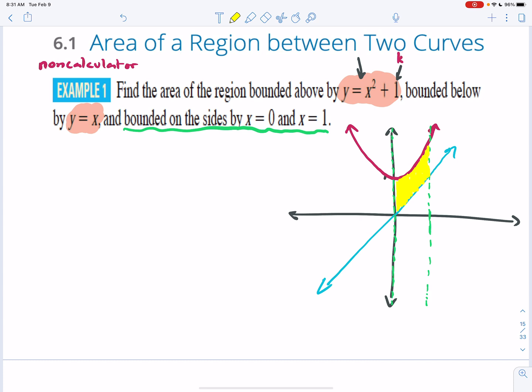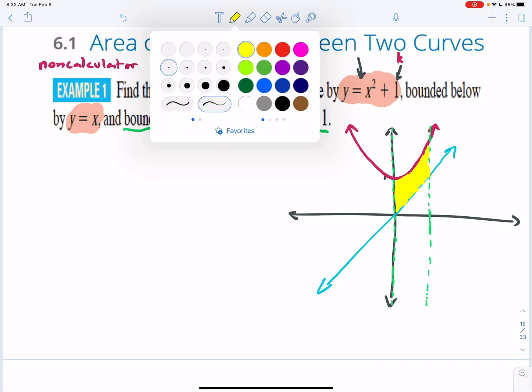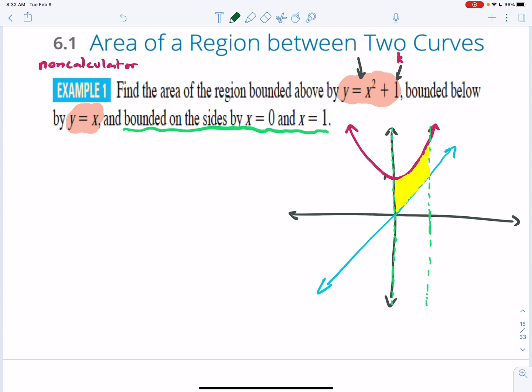So this shaded region is what you guys are looking for. Okay, how do I find the area of that? Notice how that is not a rigid shape that you guys are used to in geometry, right? And that's where the calculus kicks in. Anytime you're dealing with curves, you have calculus involved, okay?